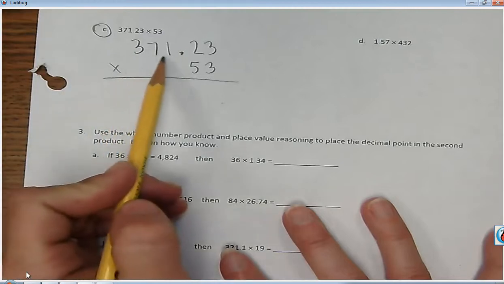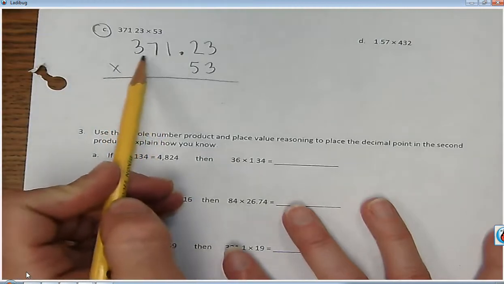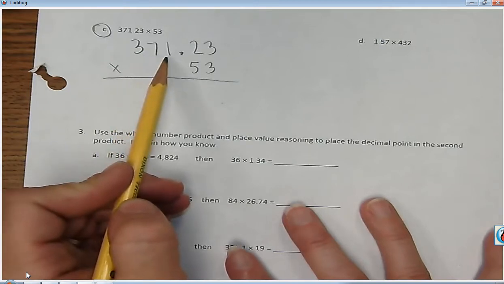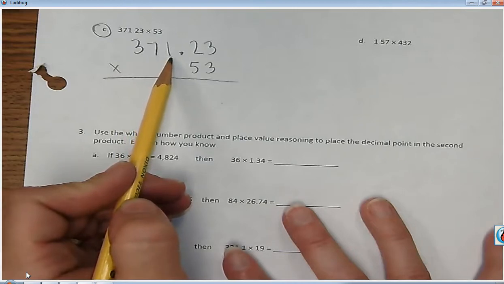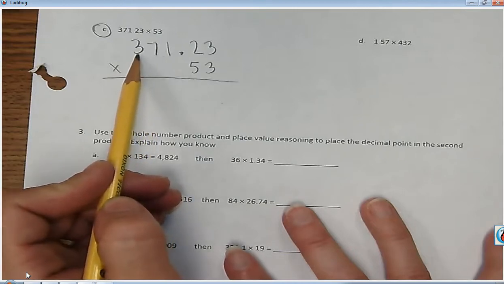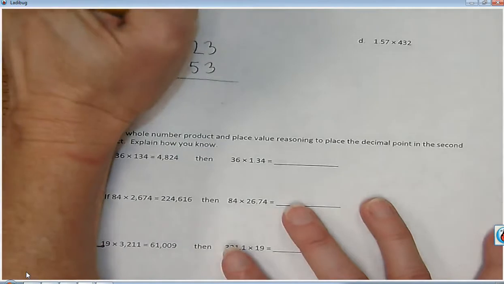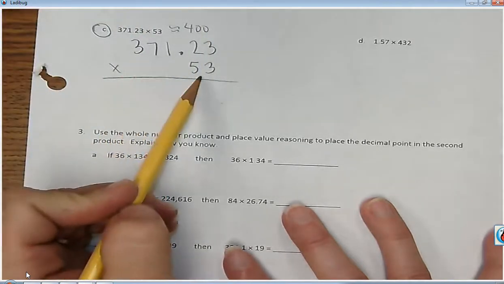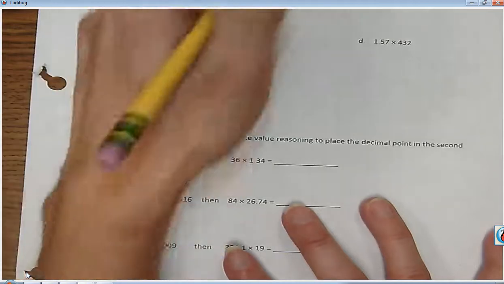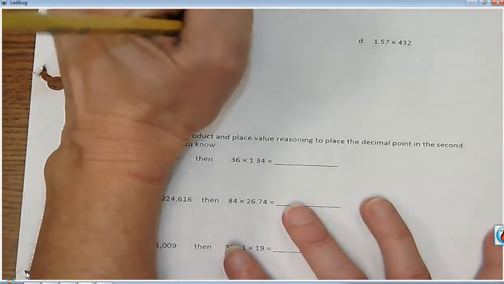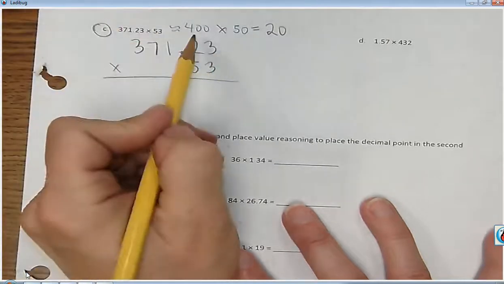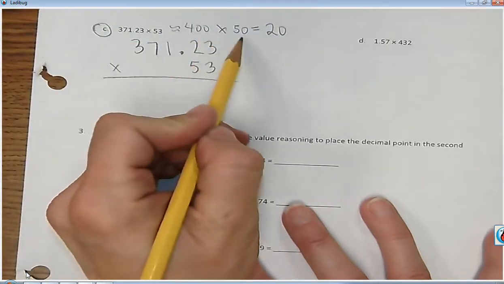So we have 371 is about 370, which is about 400. So we have about 400 times 50 if we estimate. 20 plus 3 more zeros.